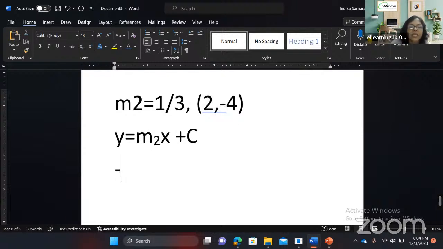Therefore, instead of y, you can put the value minus 4. Instead of m, you can put 1 over 3, the gradient of this equation. X is equivalent to 2, plus c.